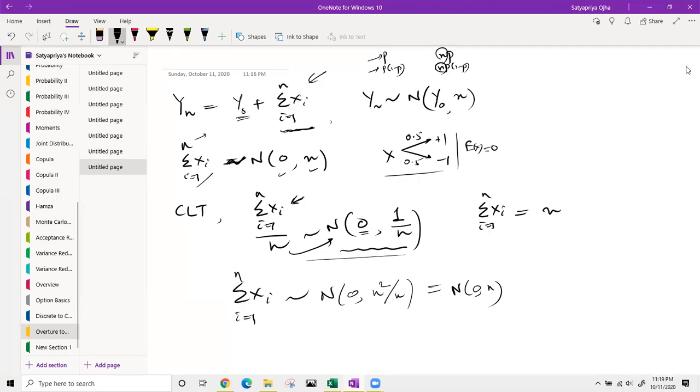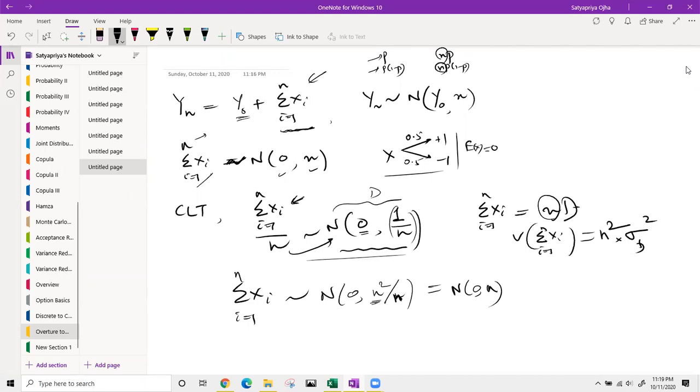So n times, call it D. This is D. The variance of this is scalar square times the variance of D. So n square times variance of that, which was 1 by n.